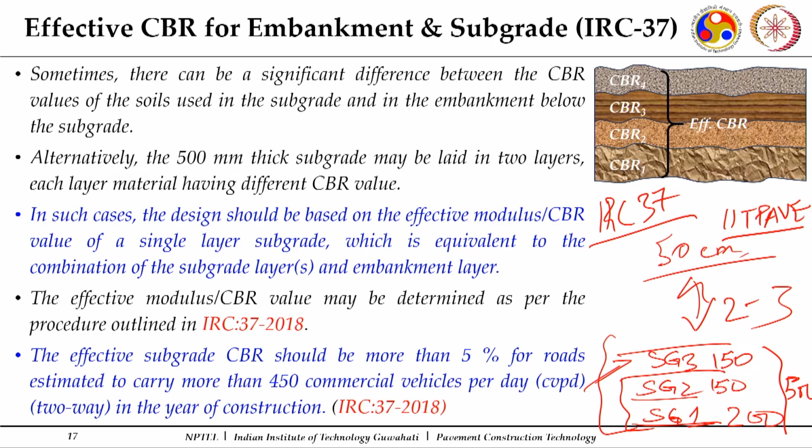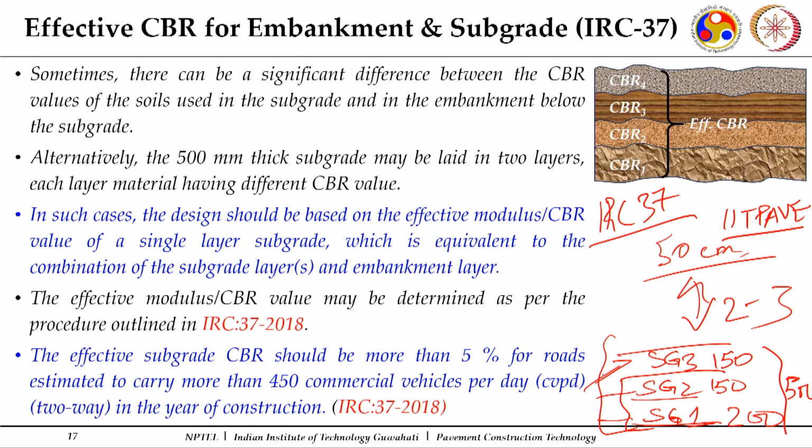I will briefly mention in the next slide that it gives you an idea how you can work out if there are 2-3 soils with different CBRs, what will be the effective CBR which is to be considered. Once effective CBR is known to you, you can work out the MR for that particular one, and then that MR has to be used.